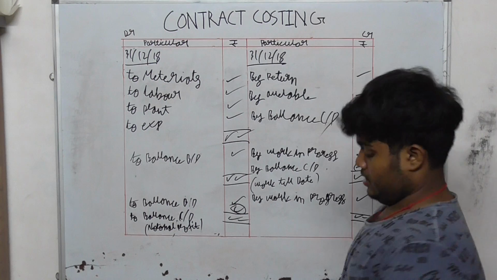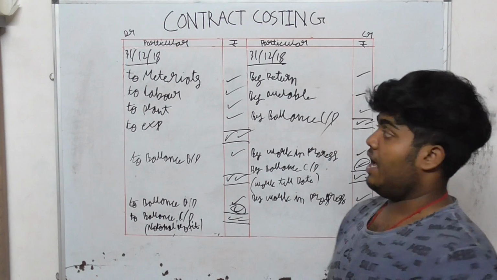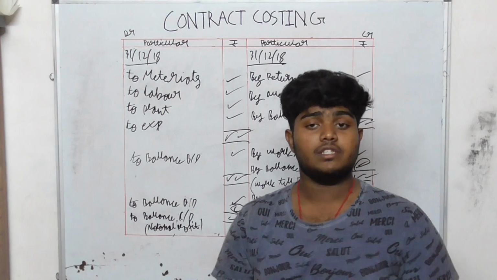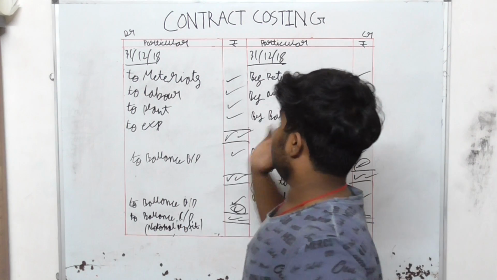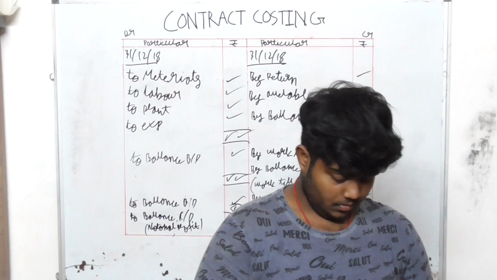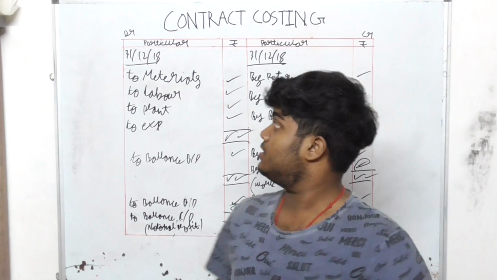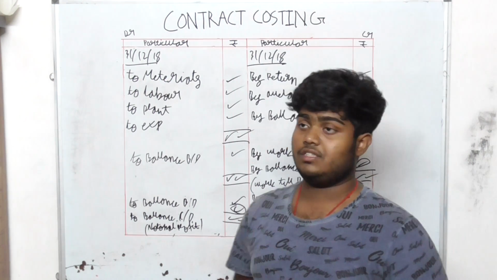Okay. So after the profit is here, you have to calculate the percentage. Which percent? In contract costing, for the contractor there are some rules.